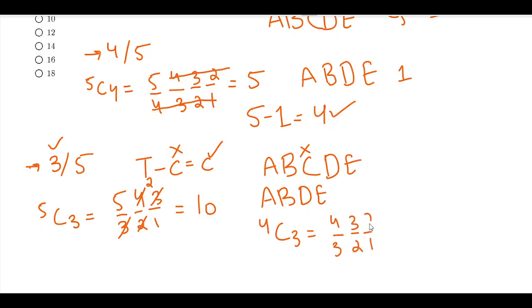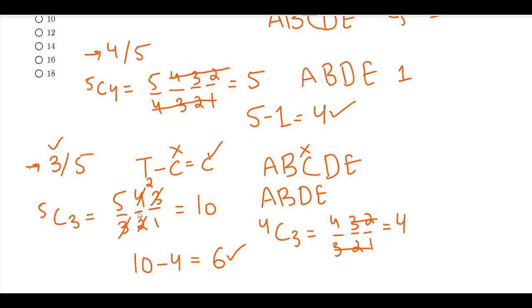This cancels out, I get a 4. Now, this is the 4 which does not have C. So I'm just going to subtract 4 from 10 and eventually get a 6 right over here. These are the combinations which do have C.